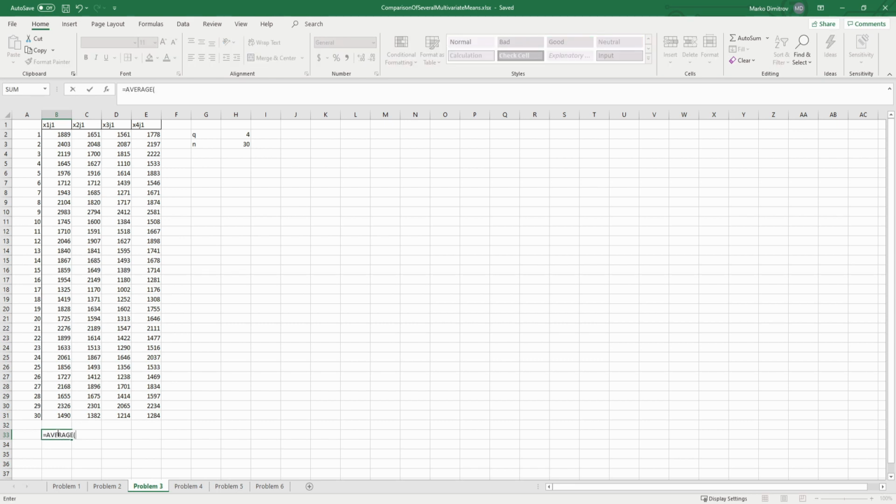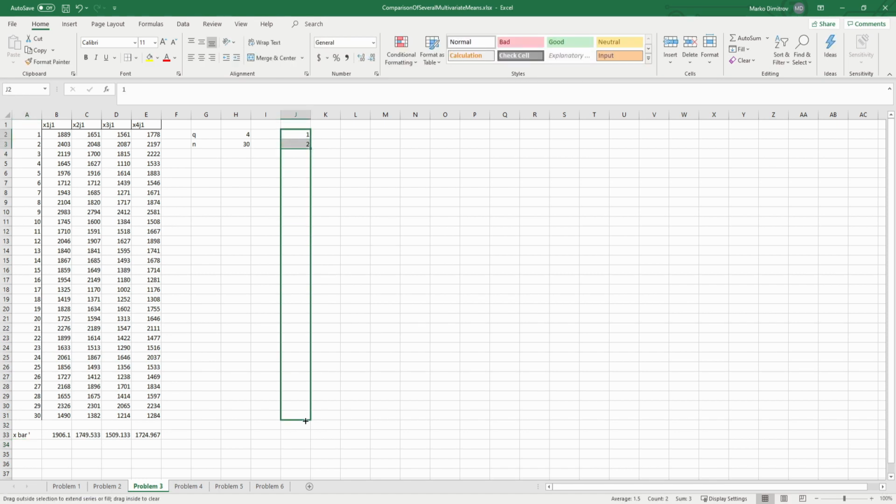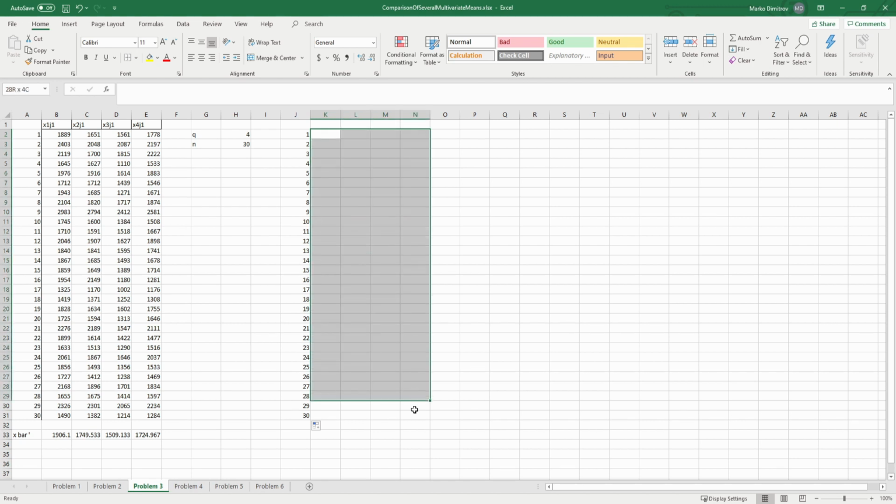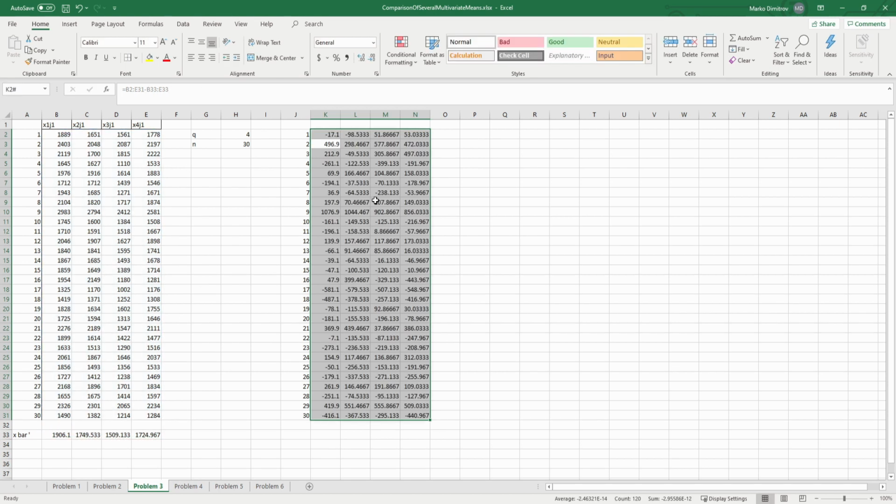So we need first the averages, x bar transposed. Then we need our 30 differences. We can just select everything. So those are our differences.